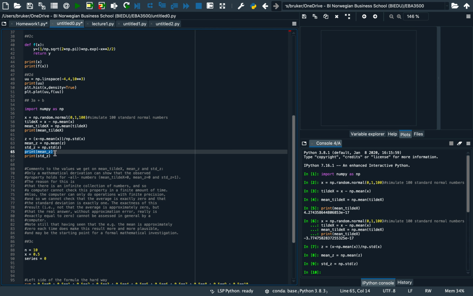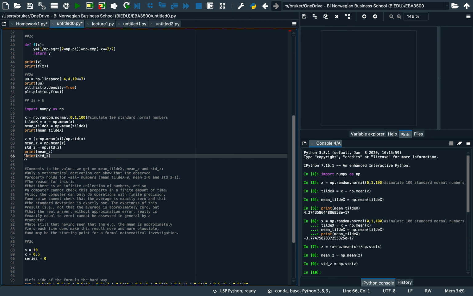And the mean of the set should be equal to 0, and that's because if we look at the set, we see that in the numerator it stands x minus np mean x, and that's actually tilde x, and we know that the mean of this one is 0, so therefore the mean of the set has to be 0.